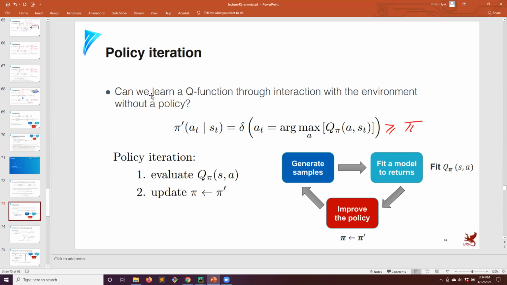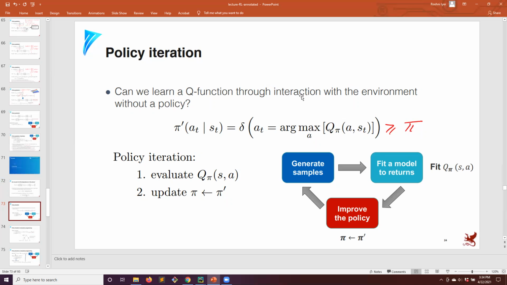Okay, so that's kind of the idea here. Can we learn a Q function through interaction with the environment without a policy? And remember that if for all of the states the accumulated return by following one particular policy is better than the cumulative return from the other policy, then one policy is better than the other.